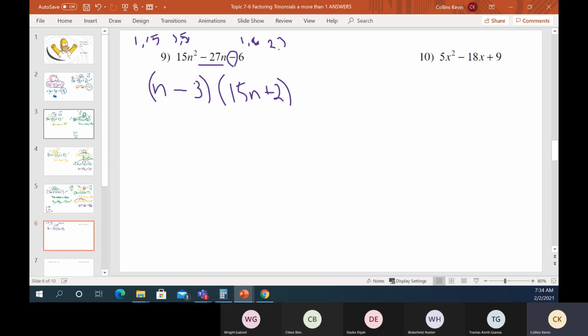I think we got our signs right. But what about our numbers? What should we try up front now? Do we want to just switch the 2 and the 3, or do we want to go to the 1 and the 6?